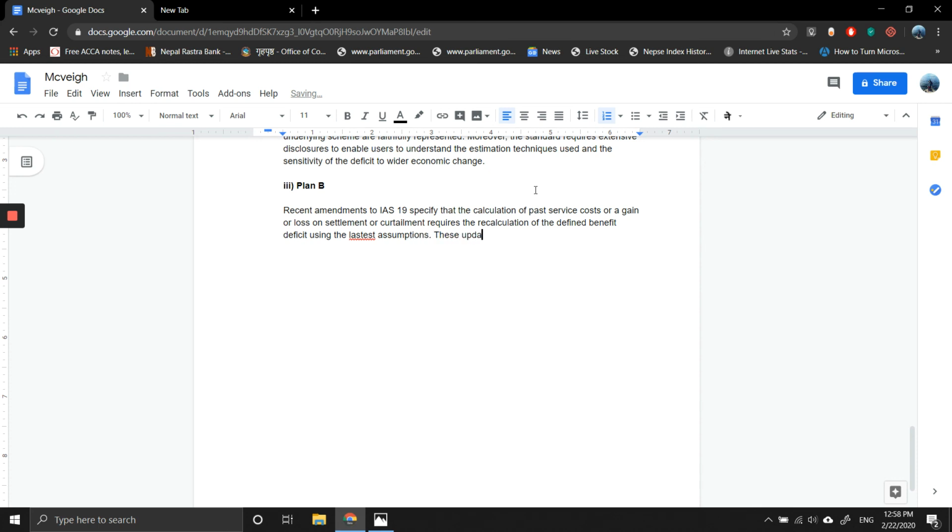These updated assumptions are to be used when calculating the net interest component and current service costs for the remainder of the reporting period.